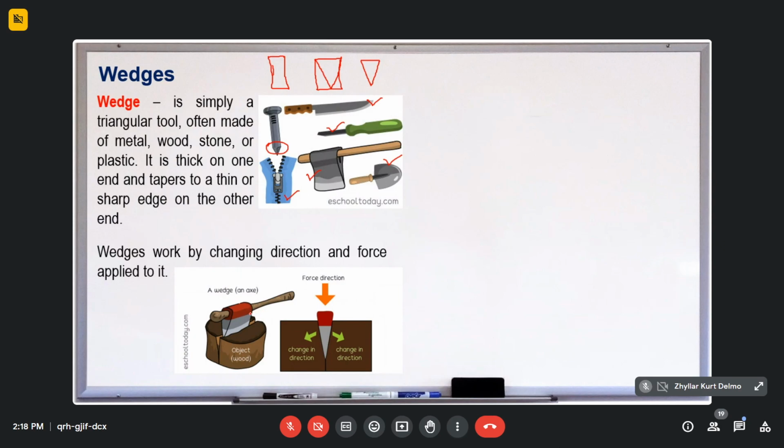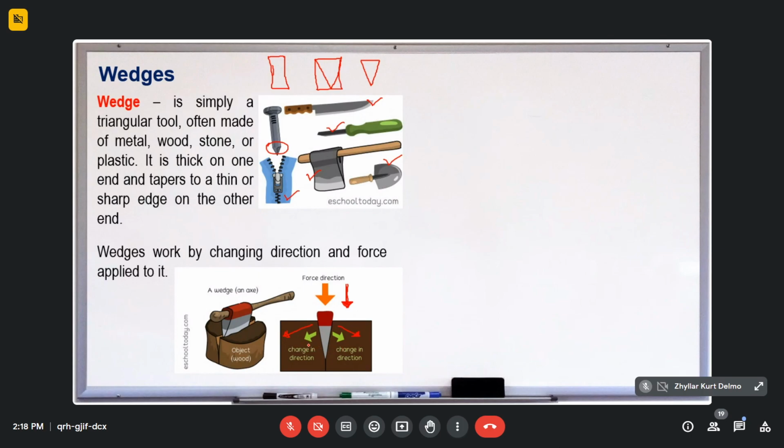Just like our axe when it strikes the wood. Our object here is the wood, and our wedge is the axe. If we apply a vertical force to the axe towards the wood, it cuts through the wood and at the same time splits it. So the vertical force is transferred into inclined forces, which split the wood into two parts.